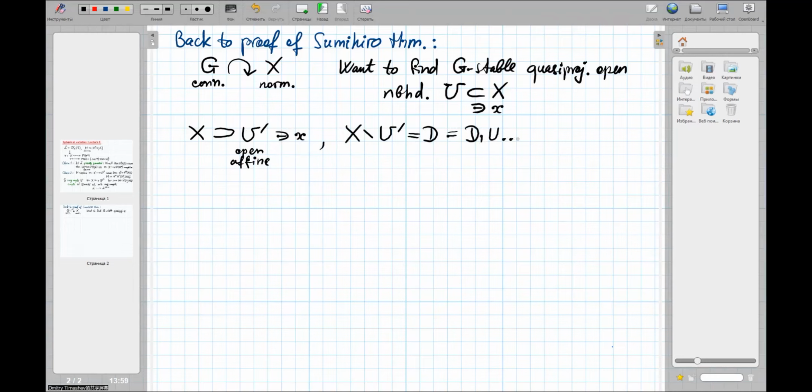So we have these shifted sections, and their divisors are shifted by the action of G. In particular, since this section has this divisor, it is nowhere vanishing on the complement of this divisor. And therefore our line bundle, L regular, is trivial on the complement of this divisor.